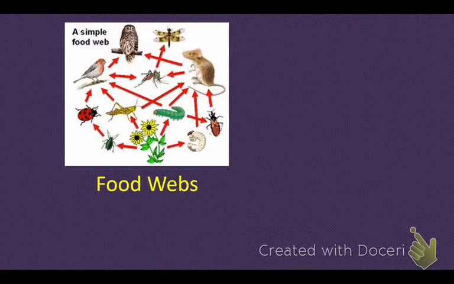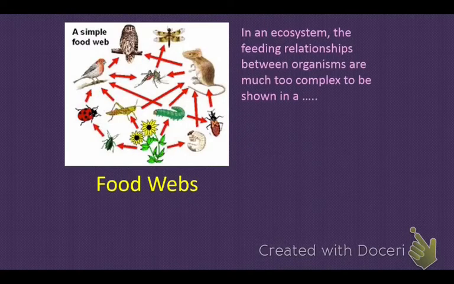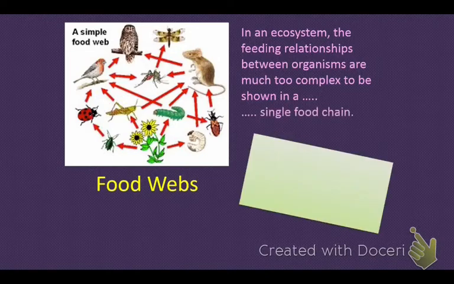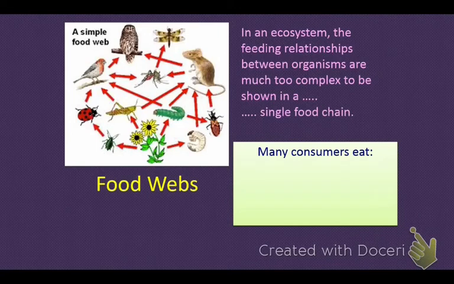A simple food web. A food web is just like a bigger picture of a food chain. It just shows all the relationships. So in an ecosystem, the feeding relationships between organisms are much too complex to be shown in a simple food chain. So instead, we use a food web. Because do we only eat chickens? No. Most consumers eat more than one type of food, right?